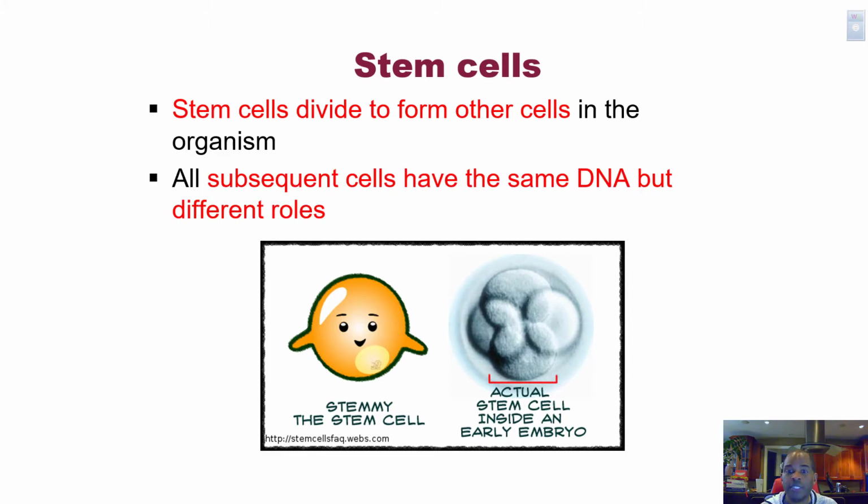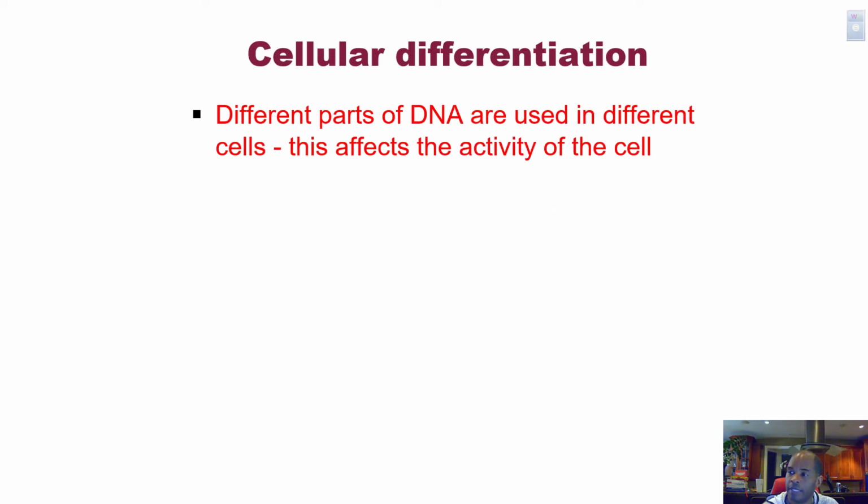And what's interesting is every single cell that divides has exactly the same DNA. If you look at the DNA of your skin, the DNA of your brain, wherever you're looking at your body, they all have exactly the same DNA. That doesn't change. So the question then becomes, if they have the same DNA, why does a skin cell look so different from a muscle cell, or a nervous cell, for example?